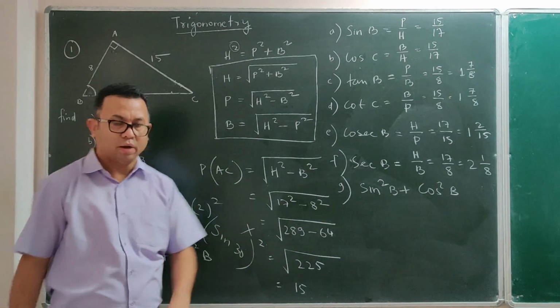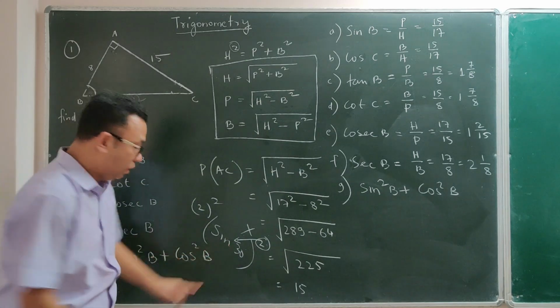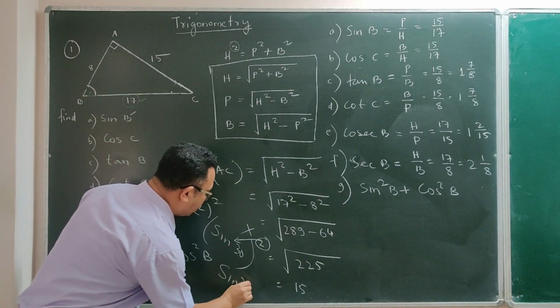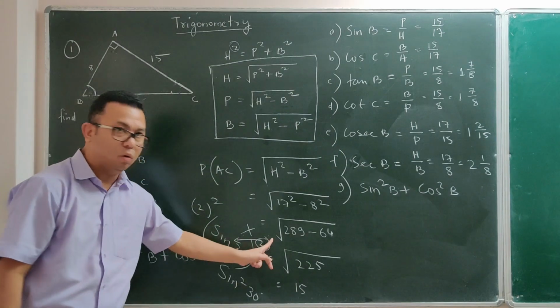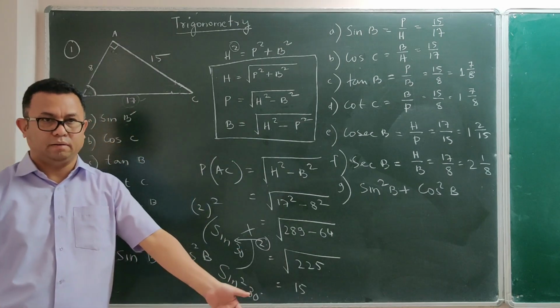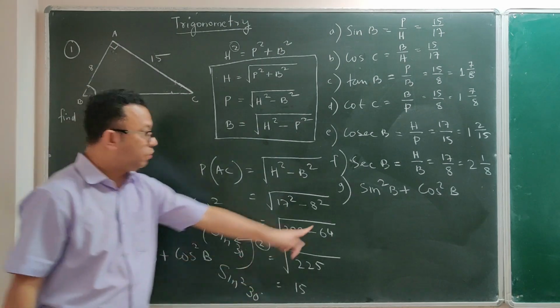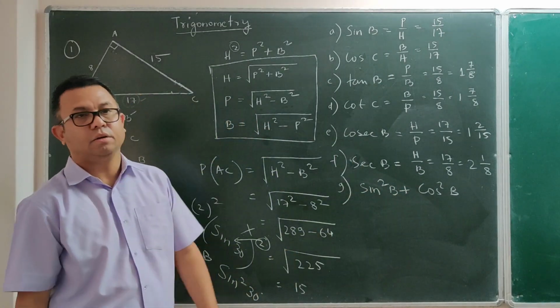Sine 30 whole square we don't write. This square is written here in the middle. So I have to write sine squared 30. But even though the meaning is the same, whether you do a whole square or you write it here, it means the sine 30 value has to be squared. So usually in trigonometry we write the square here and not outside, not after the trigonometric ratio.